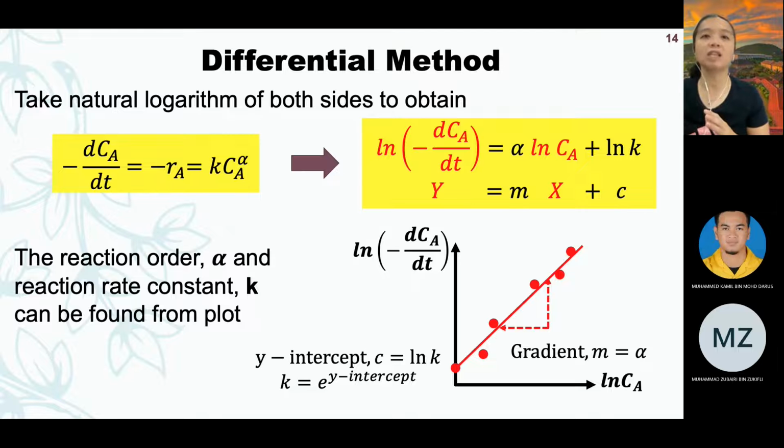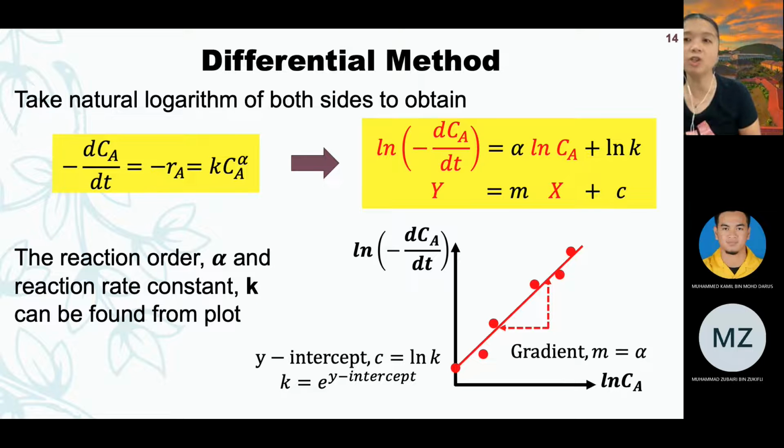The gradient value is actually equals to your reaction order. So same concept, kalau dia dalam bentuk fraction, you have to round up to the nearest integer. So katakan 1.8, round up jadi second order. 1.4, round up jadi first order. 0.8, round up jadi first order. 0.4, round up jadi zero order.